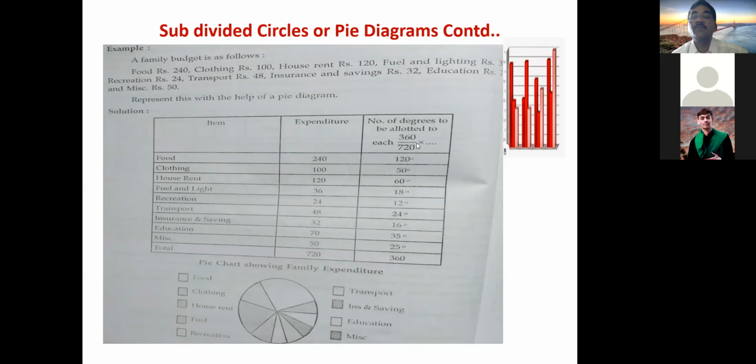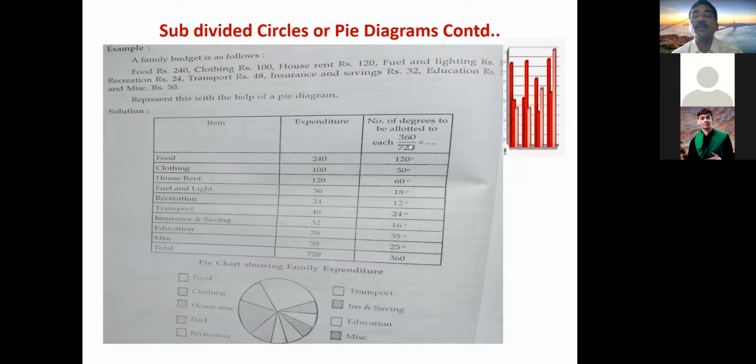What is the formula I told you? 360 divided by 720. What is the 720? Total expenditure, 720. So 360 is the total degrees of the circle. 360 divided by 720 into each component measure. What is the first component measure? 240, you take.